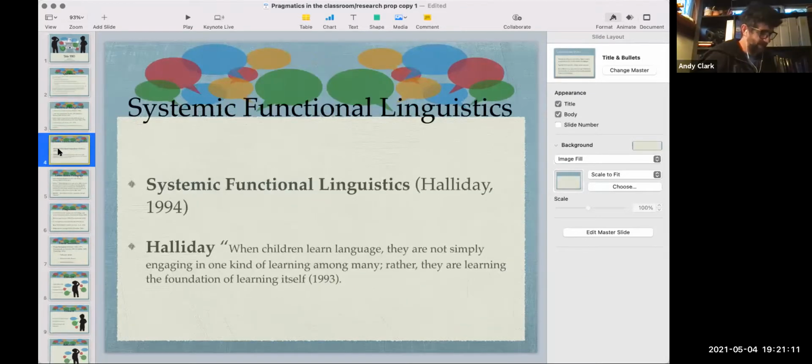So SFL is a theory of language. I don't know how many people are familiar with it. I did my master's in SFL, and I've spent years working with it in universities in Japan and K through 12 schools here in the United States. It's a theory of language use based on language function. It helps us describe syntax.